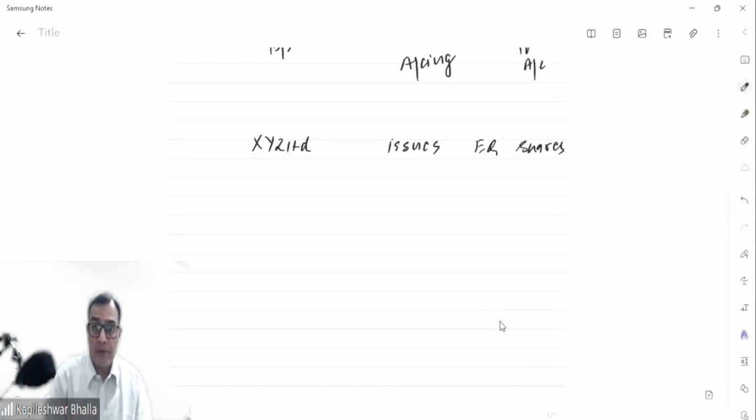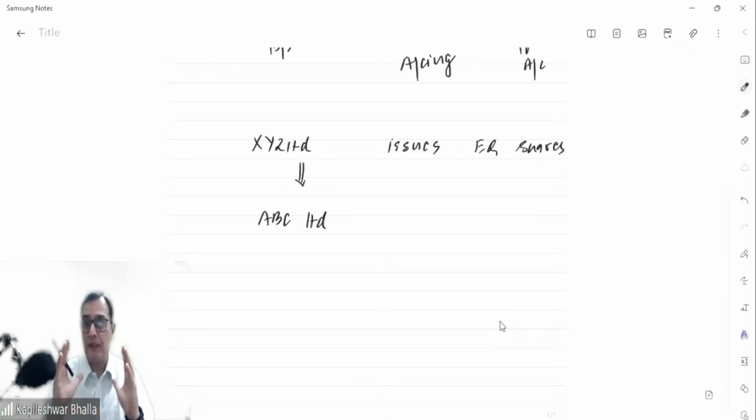So let's say the shares issued by XYZ are subscribed by another company, ABC Limited, which makes an investment in these shares. Now, when XYZ Limited issues these shares, we're going to call it an issuer. And ABC is what is going to be called a holder.